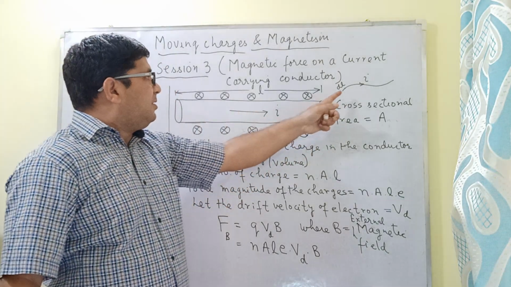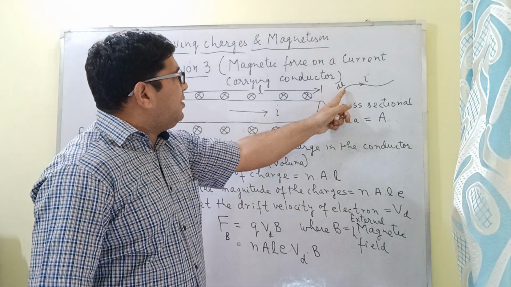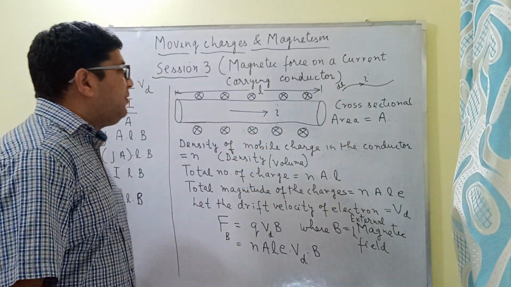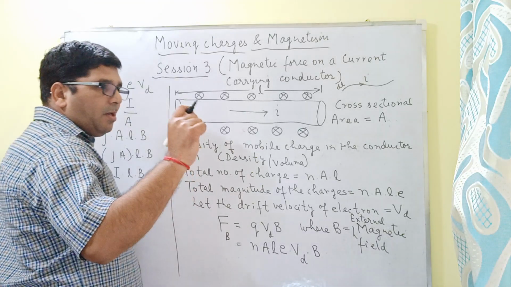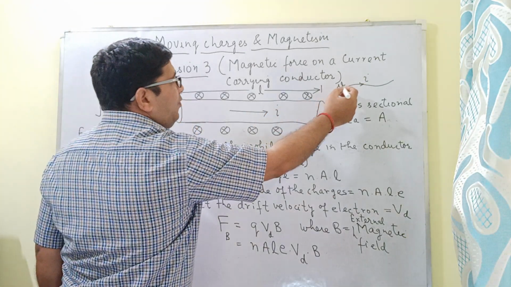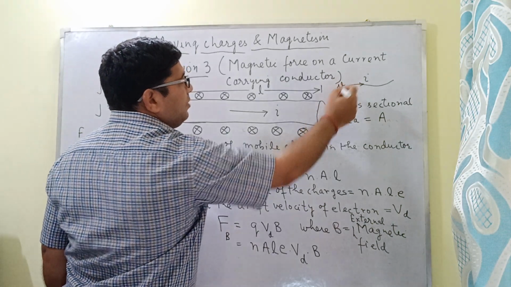So in that case, we will divide this current carrying conductor which is not straight into very very small linear lengths, each having a length equal to dl.